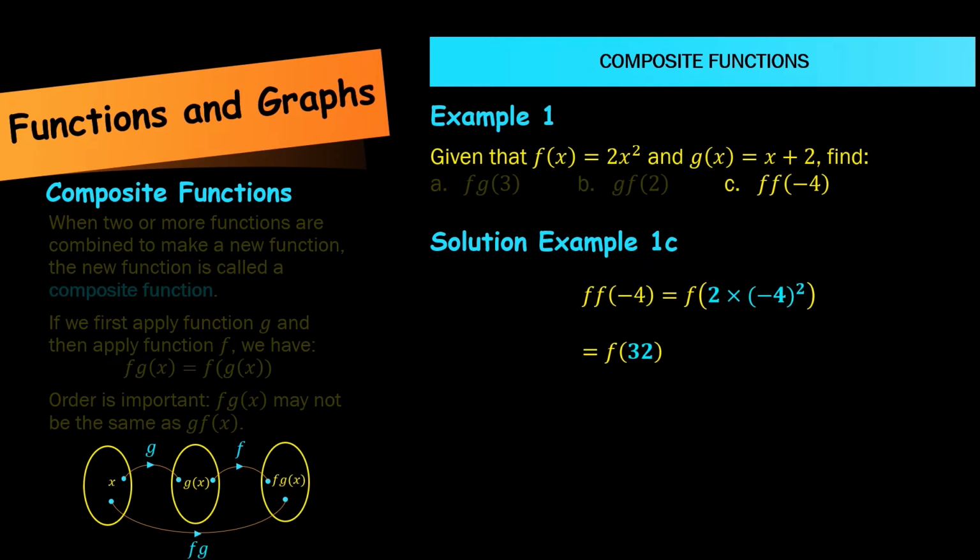This equals f of 32. And now plugging in x equal to 32 into our equation for f of x gives us 2 times 32 squared, which is equal to 2048.